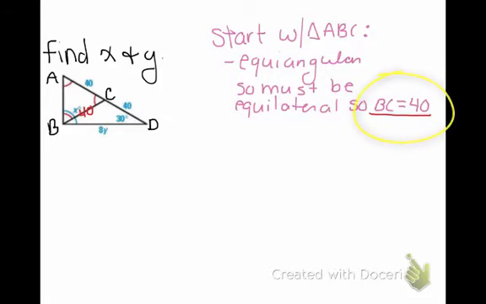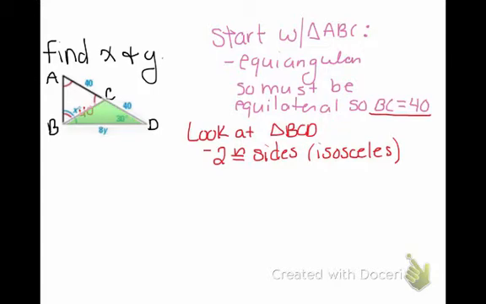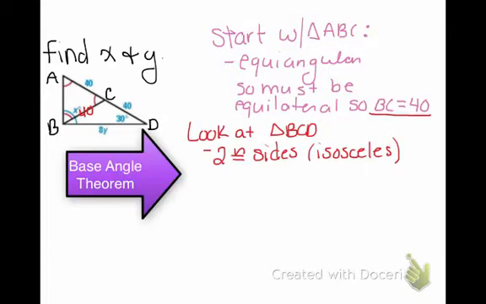So that means that our side BC is going to have a length of 40 also. Once we figure that out, we can decide what kind of triangle BCD is going to be. Since BC is 40, we know that BC is congruent to CD, since CD is also 40. Now we can use our base angle theorem, which says if we have two congruent sides, then the angles opposite them are congruent.